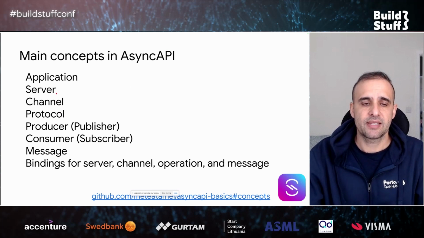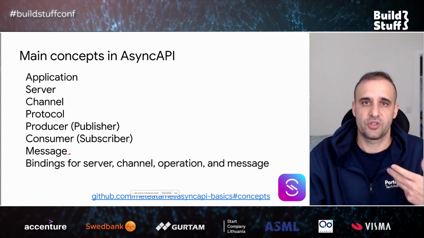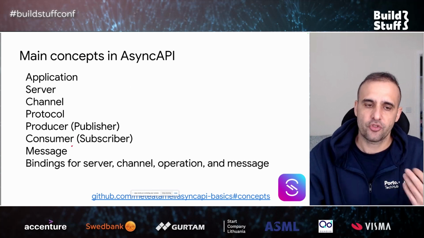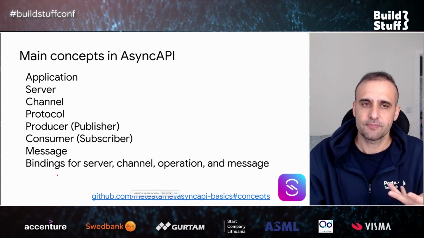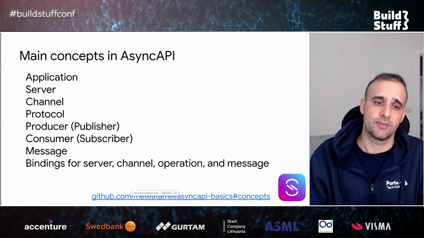Then once you have these basics in place, you have your producers and consumers sending and receiving messages. And then you also define what these messages look like, their schemas. So these are the main concepts in AsyncAPI. But on top, you also have what's called bindings. Bindings allow vendors and cloud providers to extend AsyncAPI and make it work with their own systems.